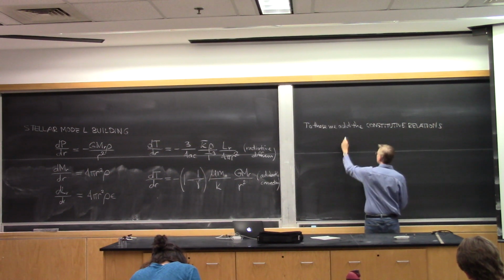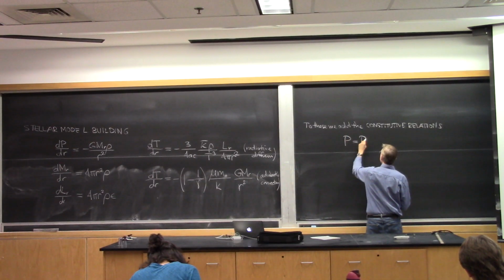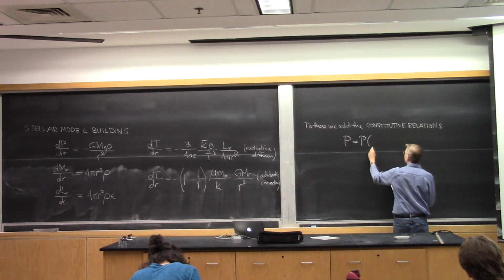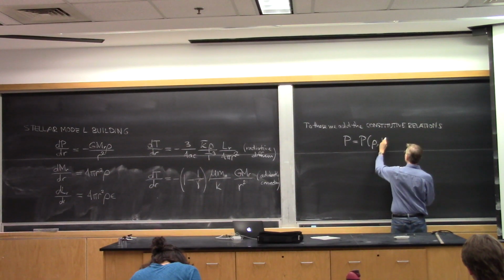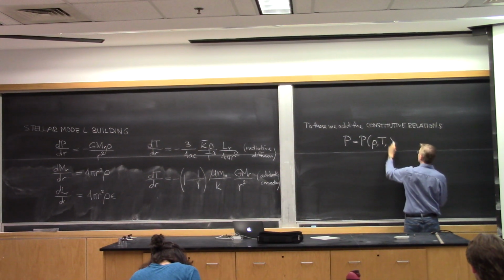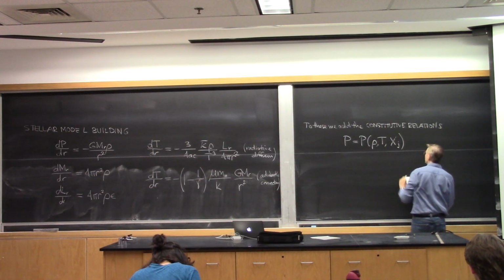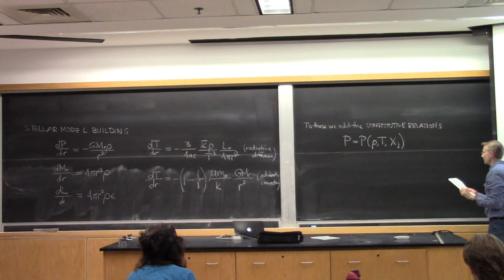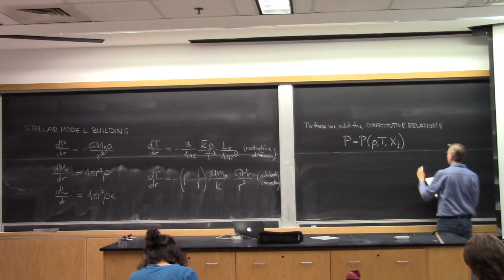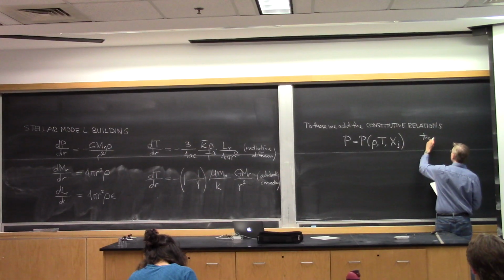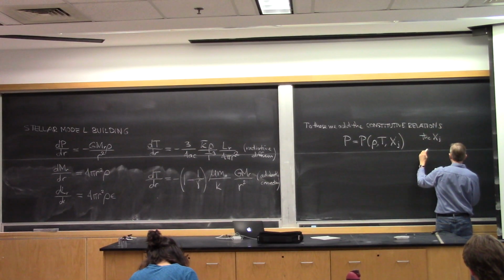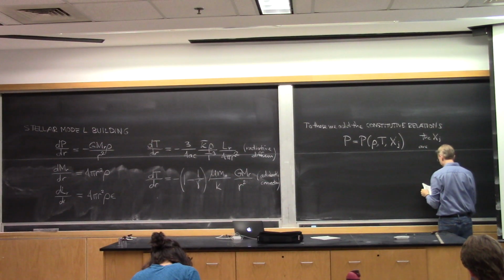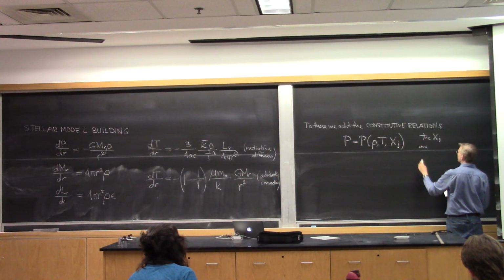The pressure is some function of the density, the temperature, and the composition, which we write as X sub j. So the capital X sub j are the mass fractions of the various atomic species.